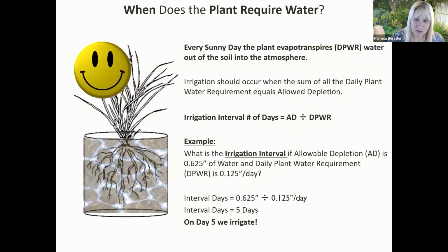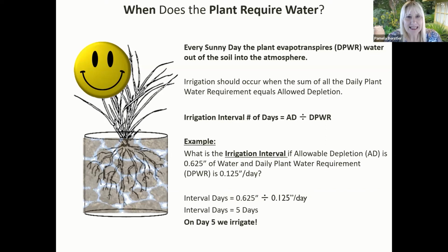Now, before I end, what happens if you calculate it and it turns into 5.05 days or 5.3 days? What do you do? Well, again, most of us, we round down to the whole number, right? If it was 5.3.